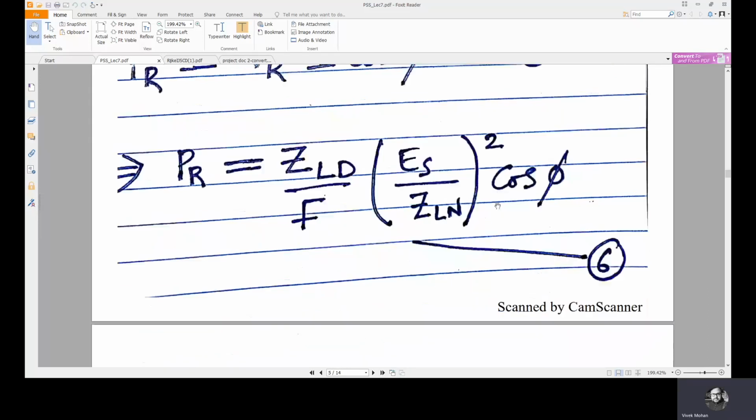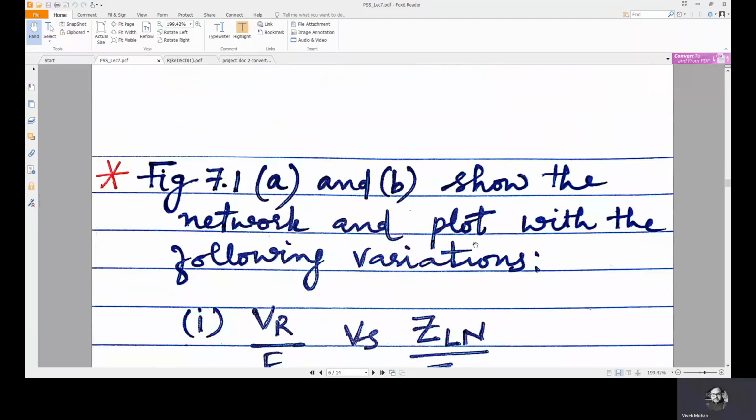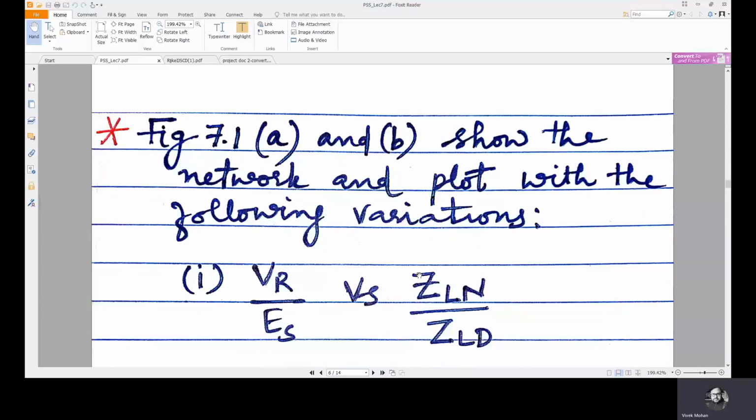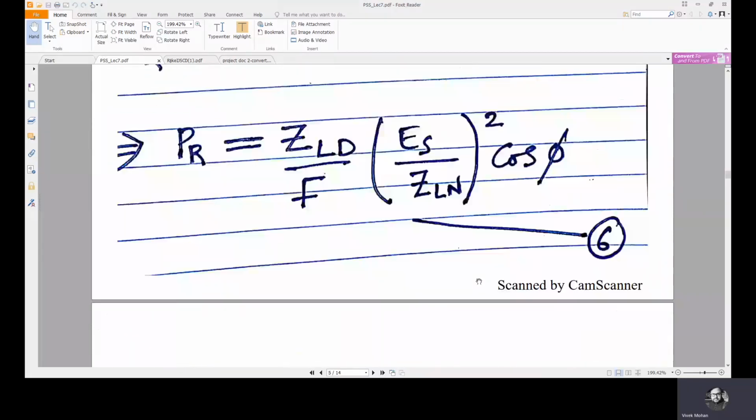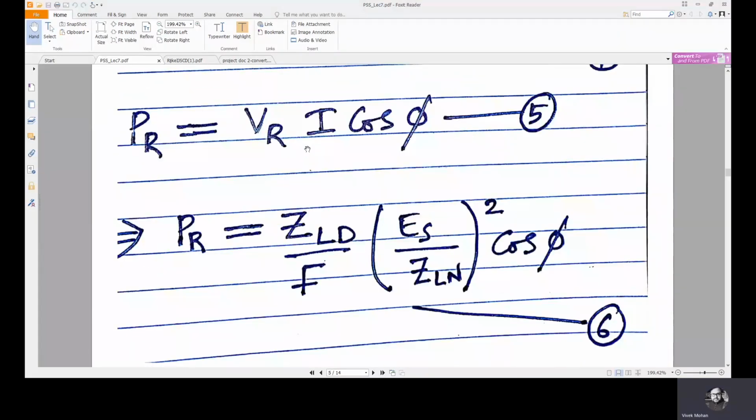Now we'll see the variations of VR by ES versus ZLN by ZLD. So what is VR by ES?